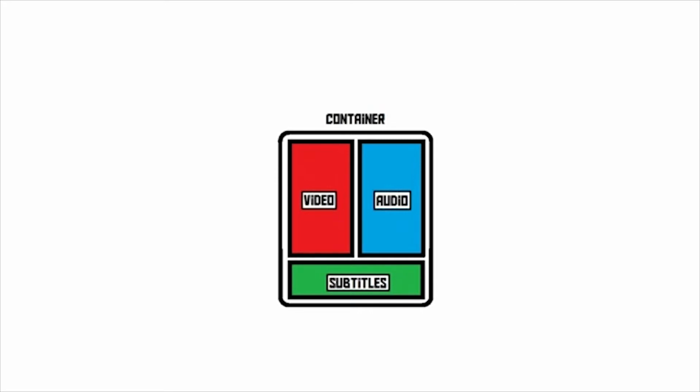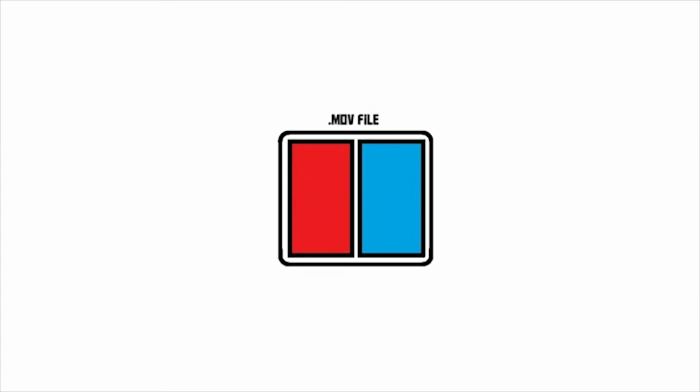This means that you could have a video that uses the .mov container and is encoded using the H.264 codec, with the audio being encoded using the AAC codec. But you could also have a video that uses the .mov container and is encoded using the MPEG-2 codec, with the audio being encoded using the MP3 codec.